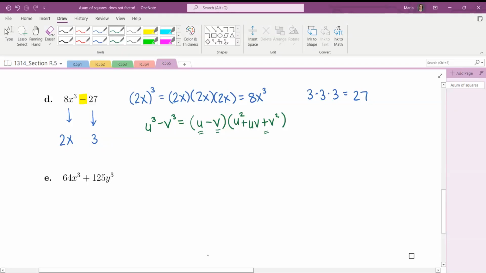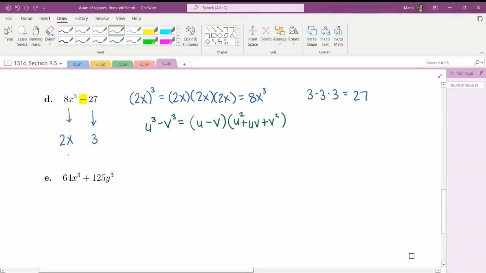So again, this last sign is always positive, and the middle sign will be opposite the sign in the first factor. The sign for the first factor is coming from the original expression. This one is kind of tough to remember, so if you just want to memorize the formula, that works too. So how do I identify the u and the v?